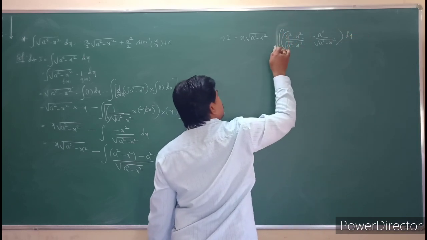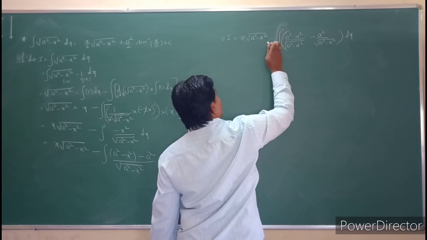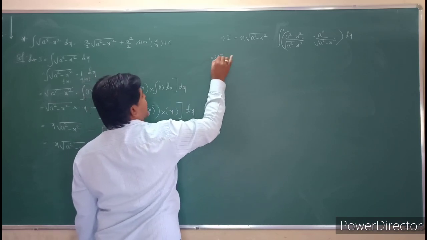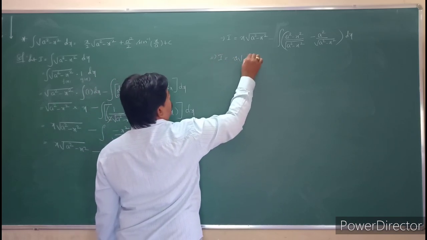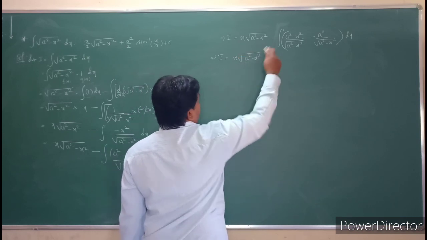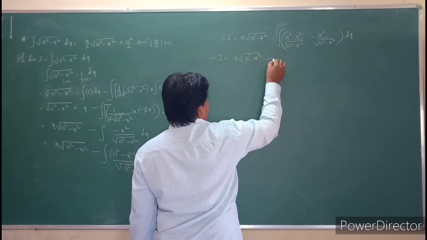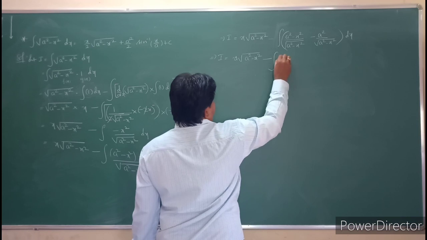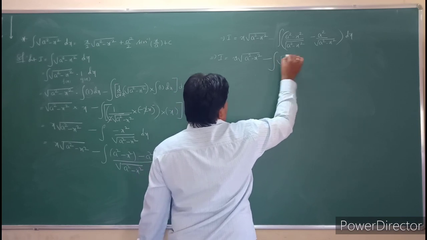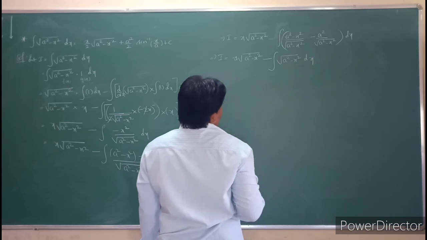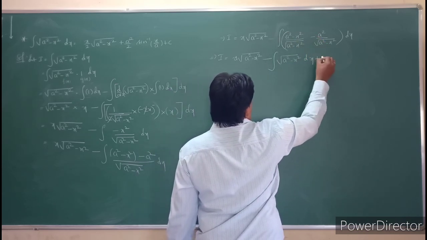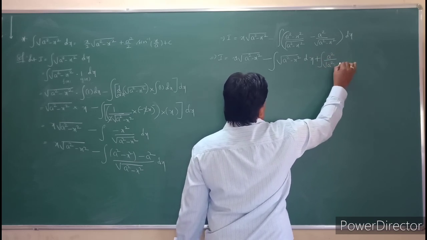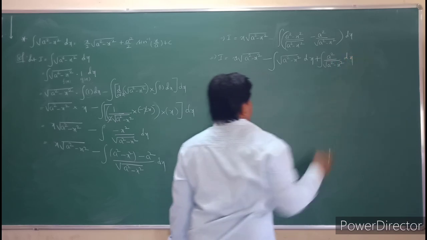So there is no need of this box. So that implies I is equal to x into root of a square minus x square. Apply the minus and apply the integration also, minus integral of a square minus x square by root of a square minus x square is nothing but root of a square minus x square into dx, and apply the minus, it will become plus integral of a square by root of a square minus x square into dx.